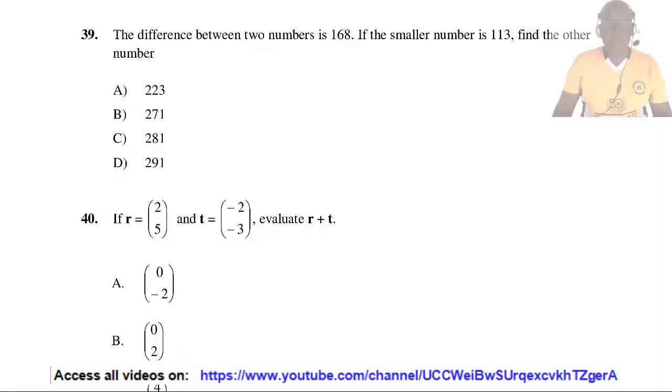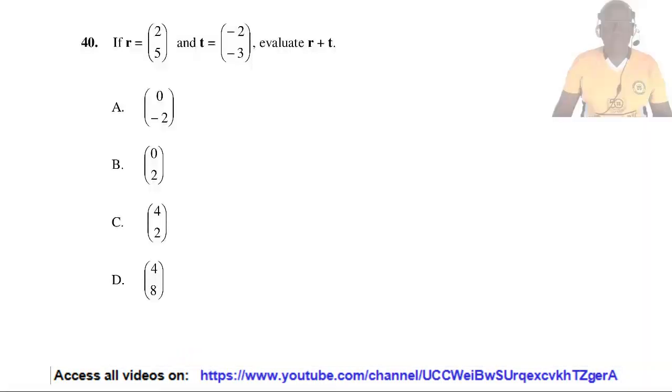Question 39. The difference between two numbers is 168. If the smaller number is 113, find the other number. The other number is going to be equal to 113 plus 168, which equals 281. So the answer is C. Question 40.